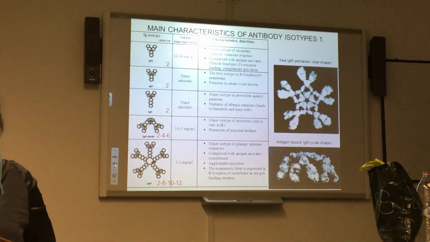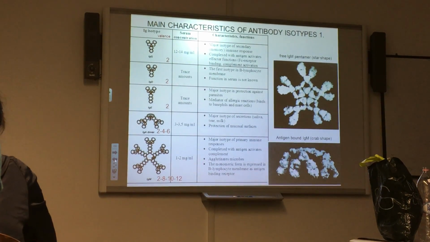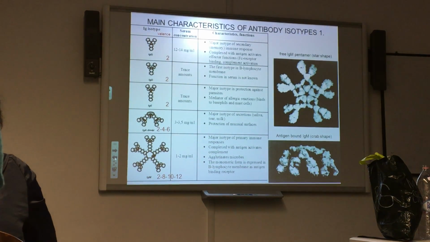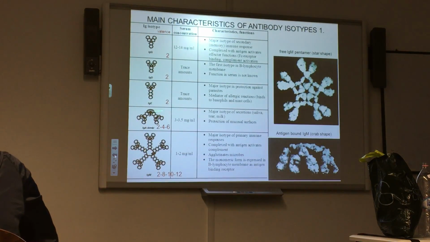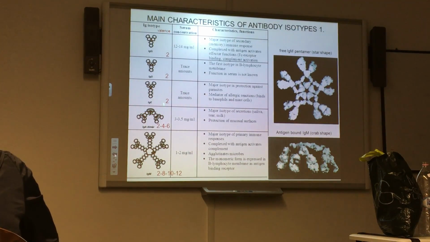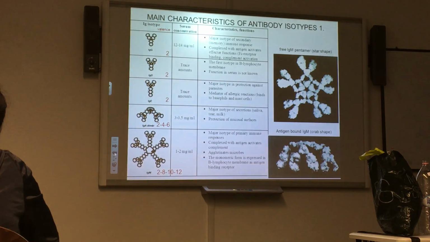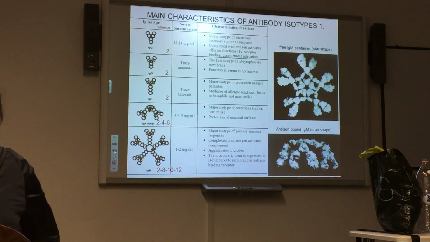IgM is the first on the surface of B cells, and the plasma cells produce IgM without the interaction of T helper cells. We well know that in parasite infection and also in allergic reaction, IgE will be produced, and IgA plays an important role in mucosal surface protection.